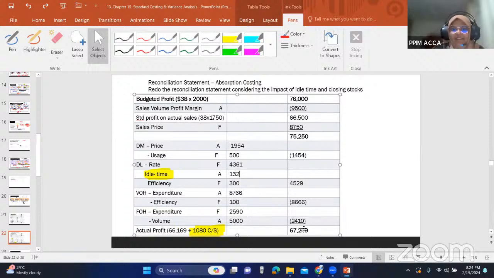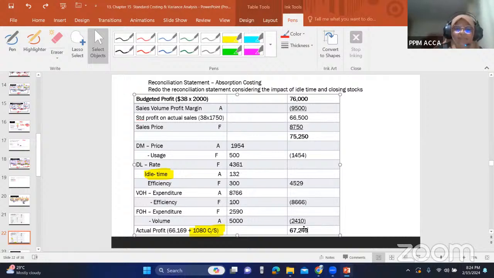That is why we didn't get a profit as 67,249. But if in a question originally there was closing stock and idle time, then in the question itself, the answer for actual profit will be 67,249. So here it is not matching with the question because of the extra 1,080, which is the valuation of the closing stock. Okay.